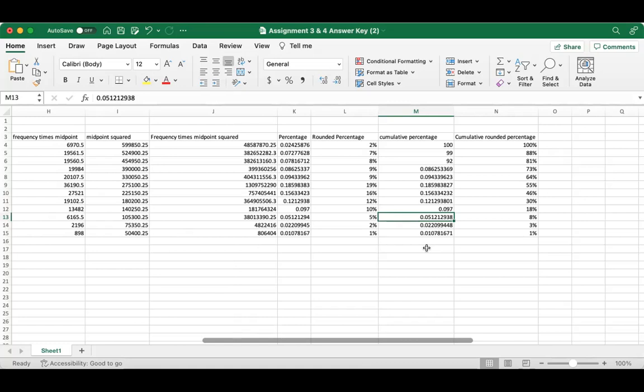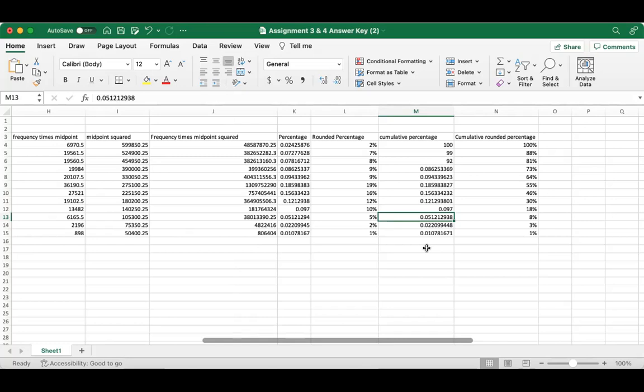All we're doing is taking these percentages and adding them to each other for a cumulative percentage, which should end up getting to 100% at the top. So this should be equal to K11 plus K10, because we're adding those. Now we're at 14%. That makes sense.